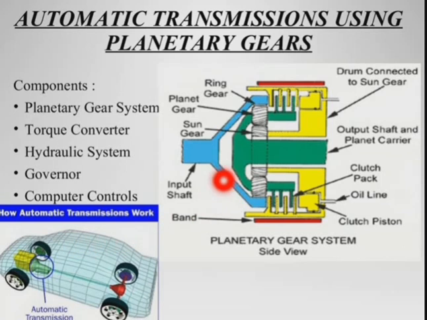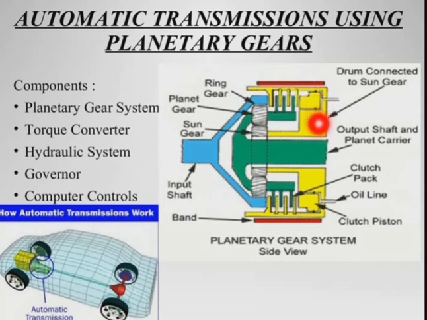Here you can see the main parts of a planetary gear system. First there is a ring gear, there will be planet gears, and the sun gear will be in the main center, and then there will be an input shaft. That input shaft gives the power to the ring gear, and you can see here the drum connected to the ring gear.